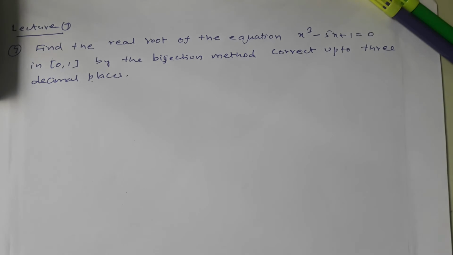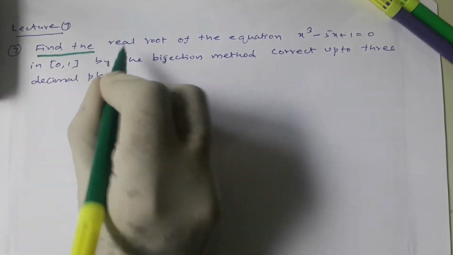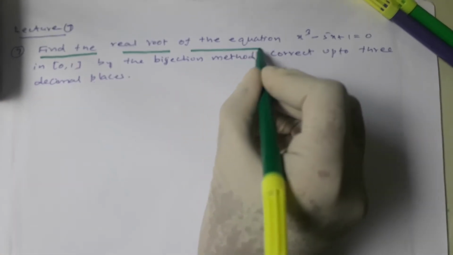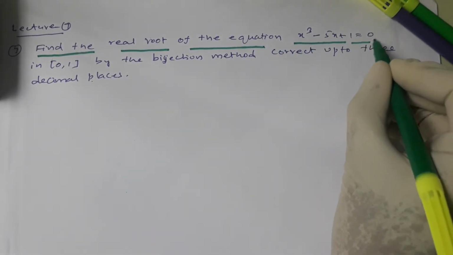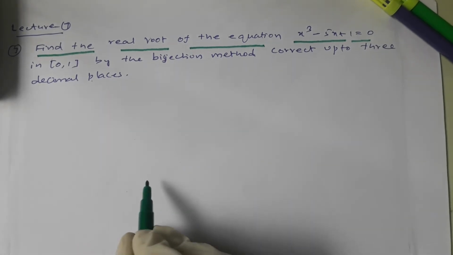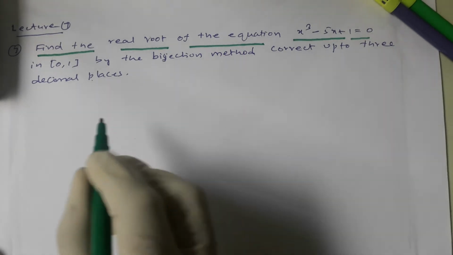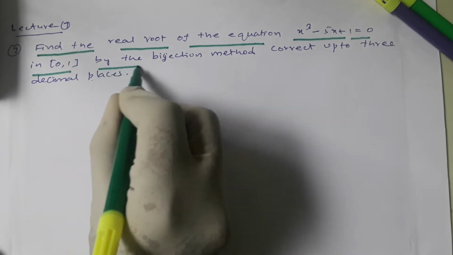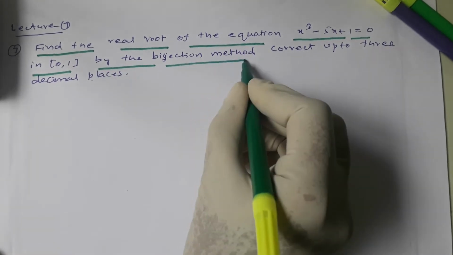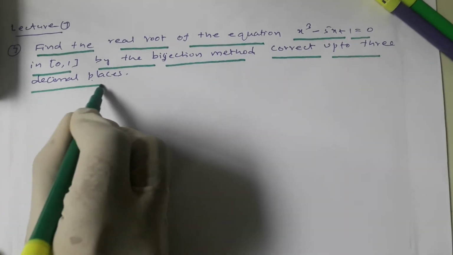Right. So the problem in lecture 7 is: find the real root of the cubic equation x cube minus 5x plus 1 is equal to 0 in the closed interval 0, 1 by the bisection method, correct up to 3 decimal places.